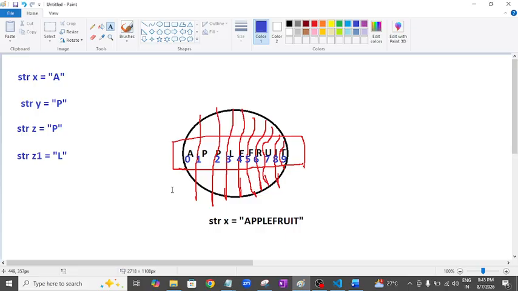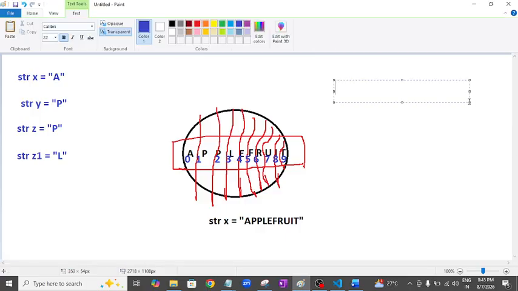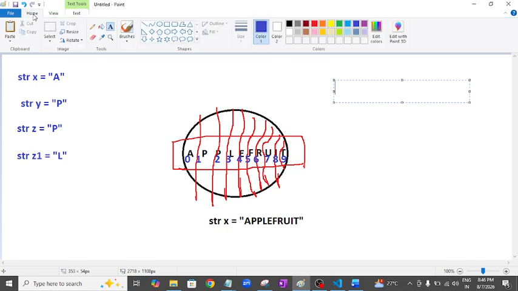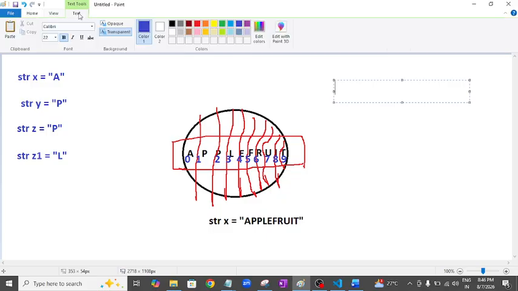So we are defining index. Let me create this index here clearly so that you are aware. Better to create this index.